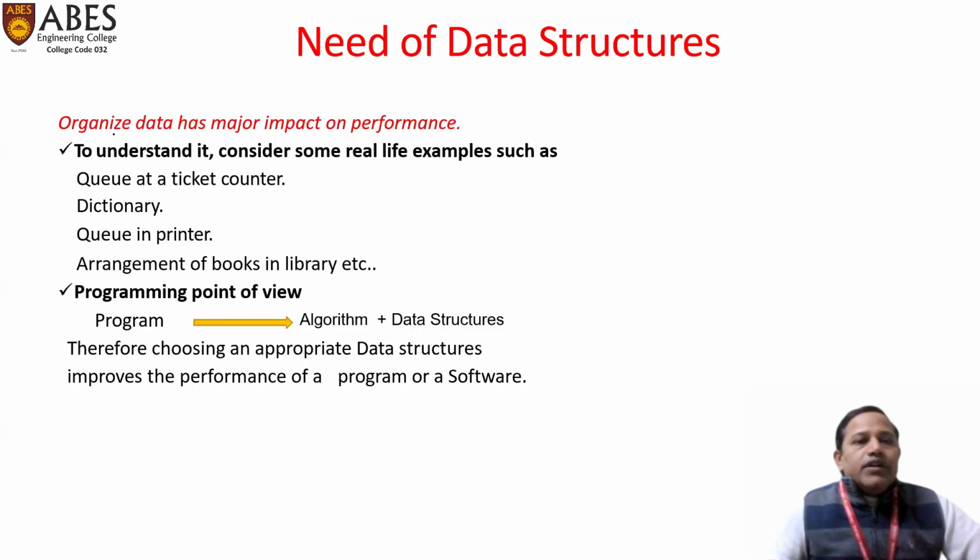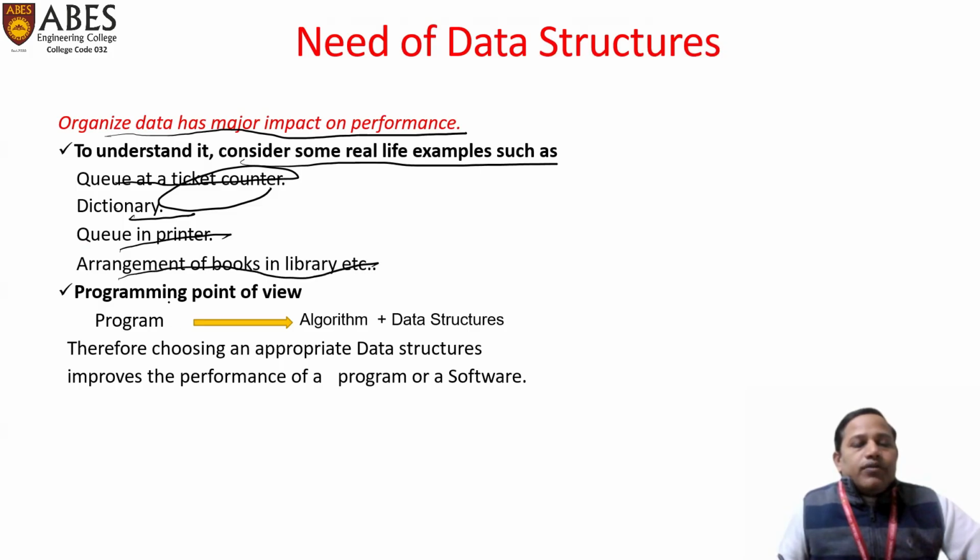Now, why do we need data structure? Organizing data has a major impact on the performance of your systems. To understand it, consider some real life examples such as a queue. Queues are found at places like a bus counter, a ticket counter at a railway station, a queue in a printer, and the arrangement of books in a library. From a programming point of view, what is a program?